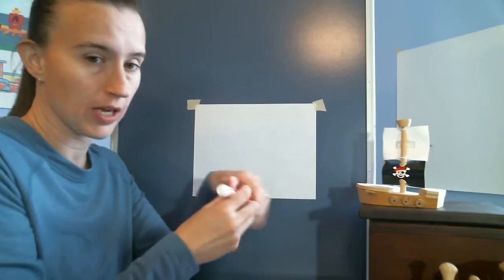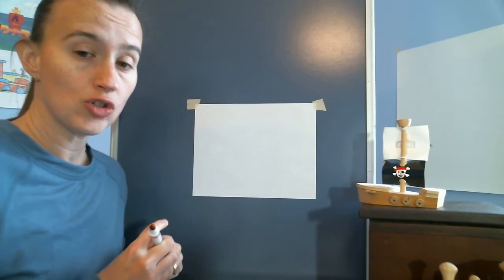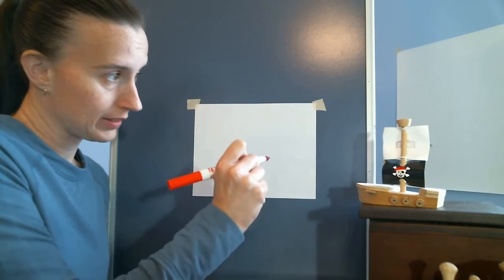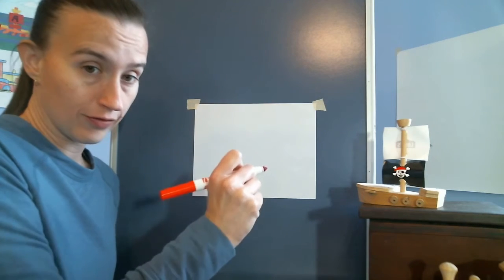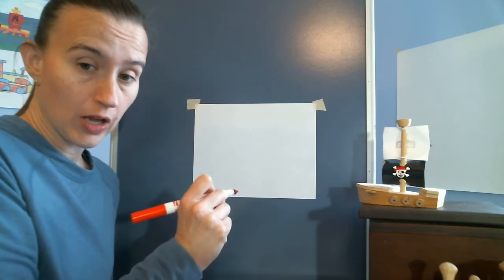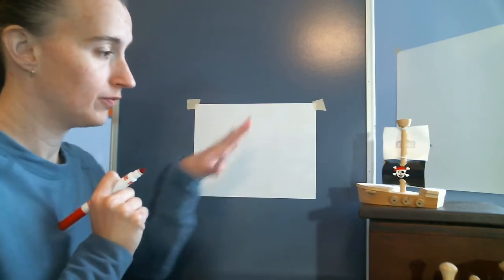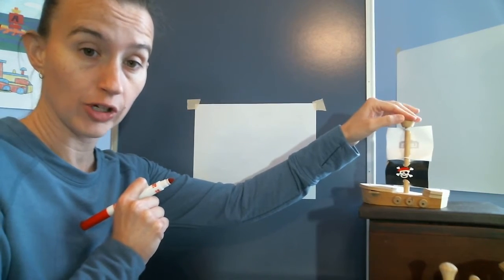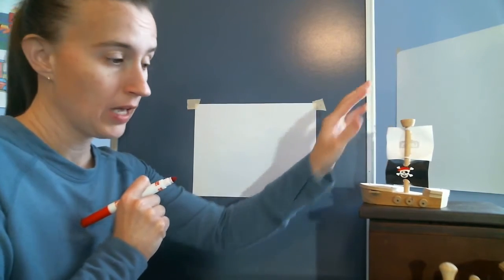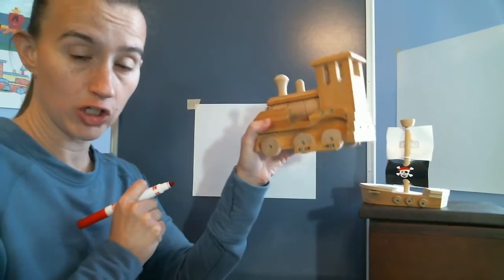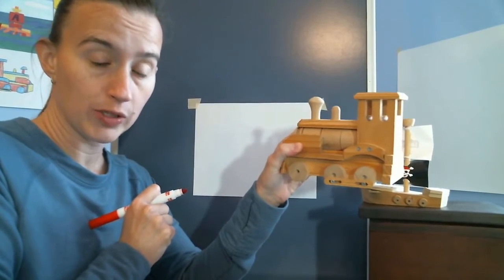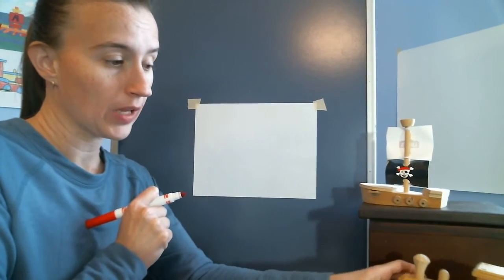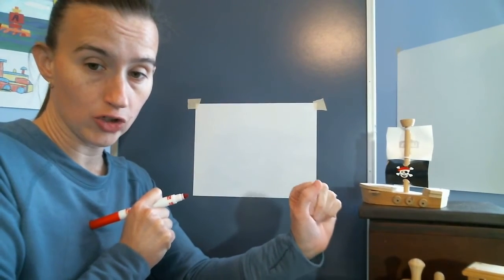It depends sometimes. But the idea is to use your hand and your eye and follow the lines of the item that you're drawing. So I'm going to do an example of this one, and I'm going to post a picture of this ship for you to draw as well. And then I'm going to do an example of the train, and I'm going to post a picture of the train for you to draw.